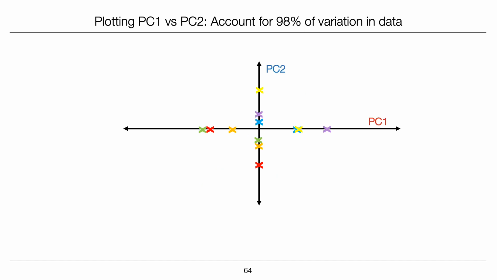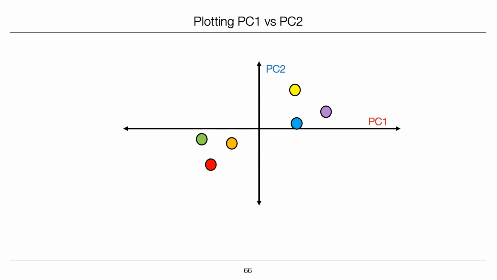By doing so, we can now visualize our data in the 2 dimensions specified by PC1 and PC2, and we have succeeded in dimensional reduction from 3 dimensions to 2 dimensions. Two dimensions is a plane, and it's very clear to visualize data points in 2 dimensions.